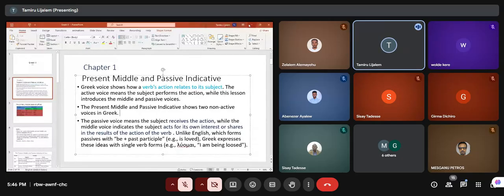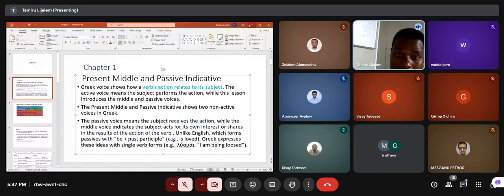Aorist is undefined. Perfective is when the action started in the past, and the effect still continues in the present or the near present. So the effect is visible in the present, but the action was started in the past. This is perfective aspect. Aorist simply describes the action without any nuance of time or continuity.